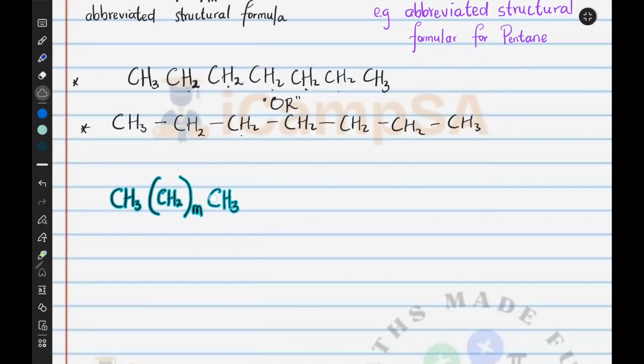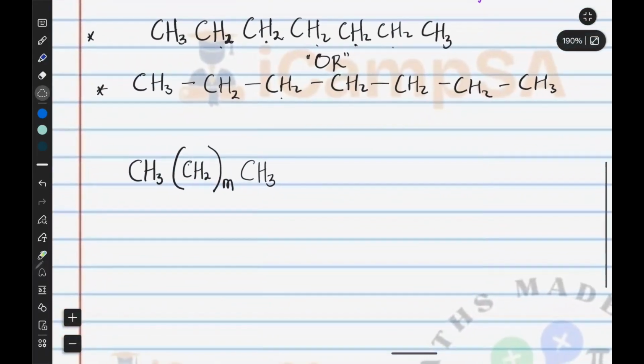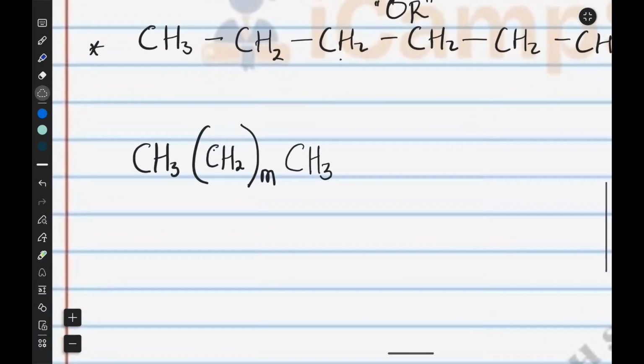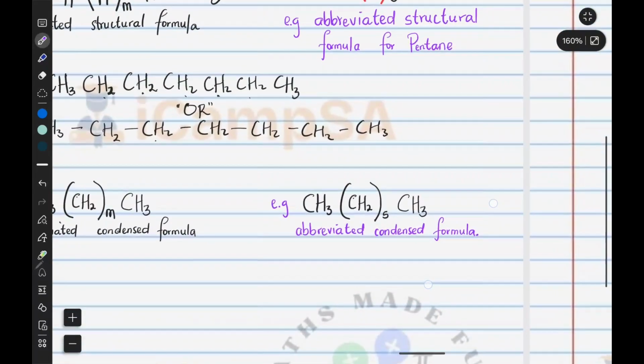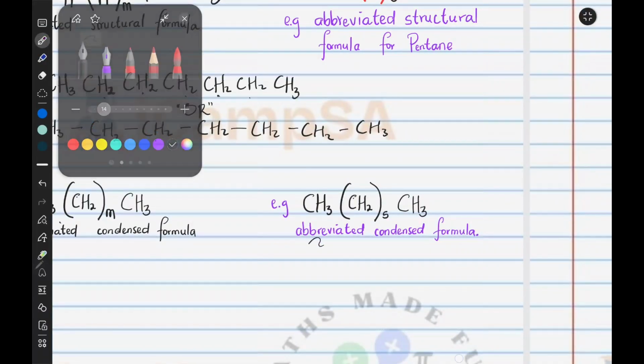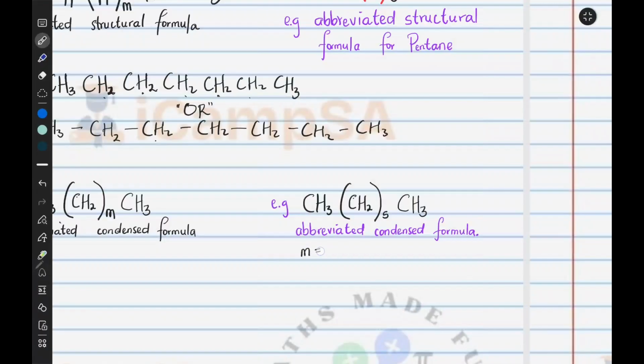All right, and then now we will also do what it looks like for pentane, which is our example in this case. Okay, so we said that M is equal to 5, since that CH2 repeats 5 times.